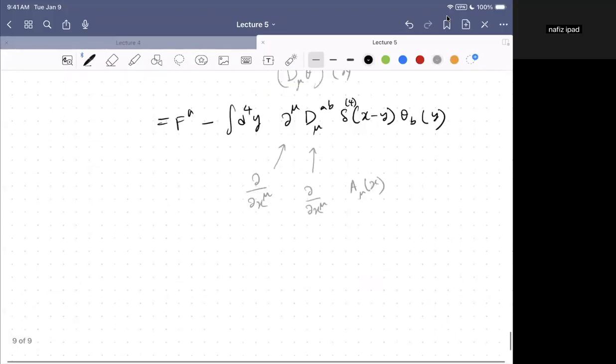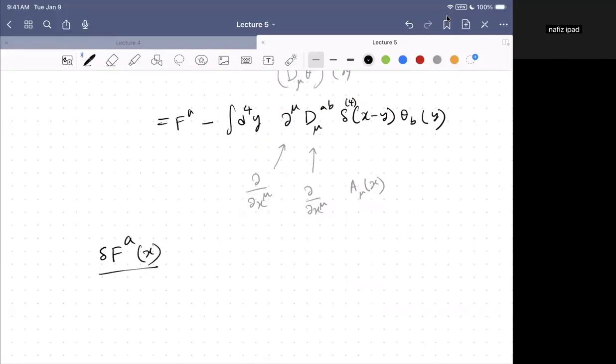So what we established from this is that the derivative of f, and f as a function of x, by this I really mean f as a function of the connection evaluated at x. But this is a shorthand.